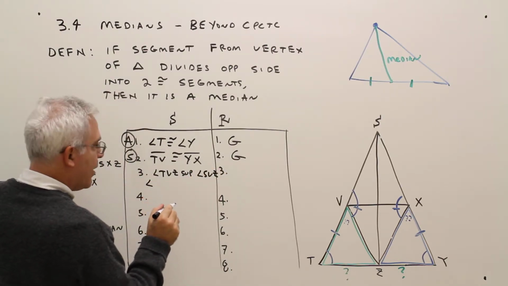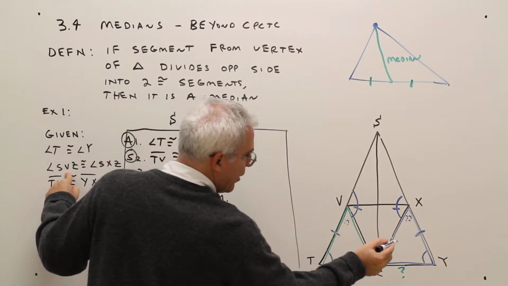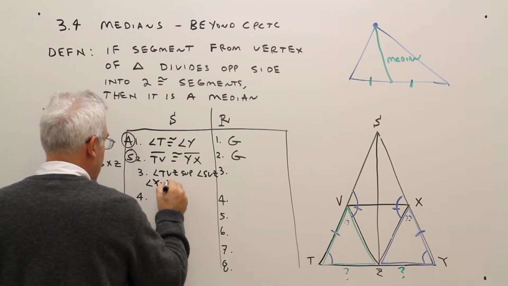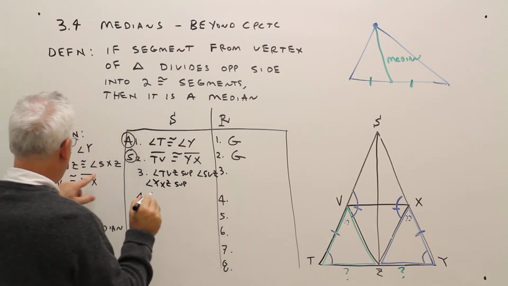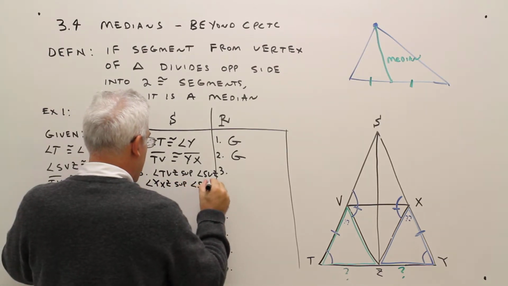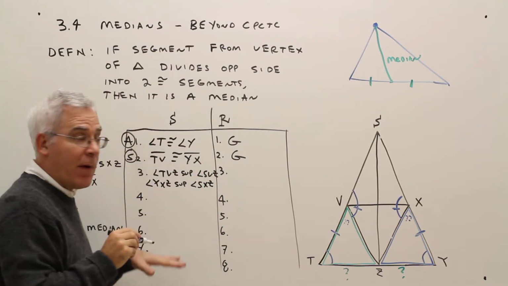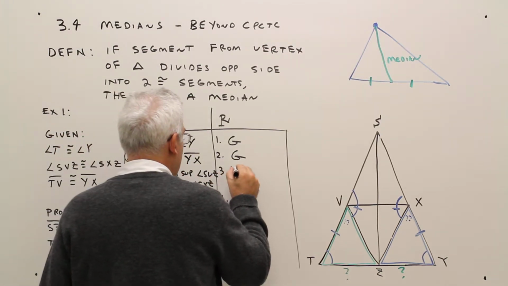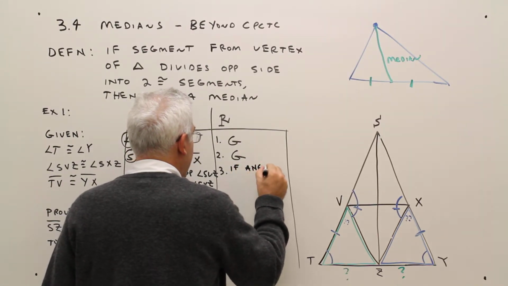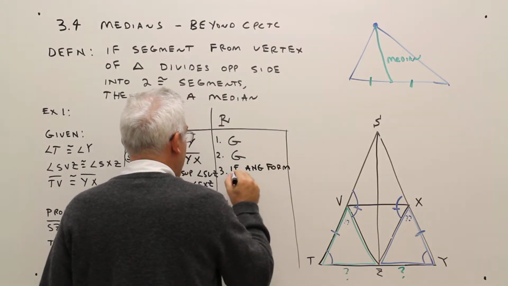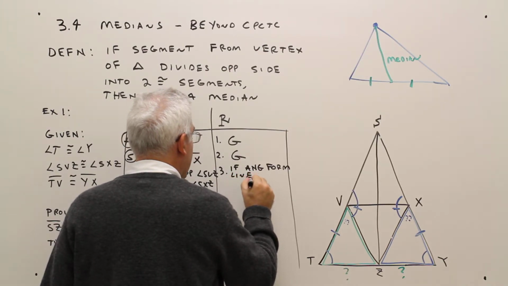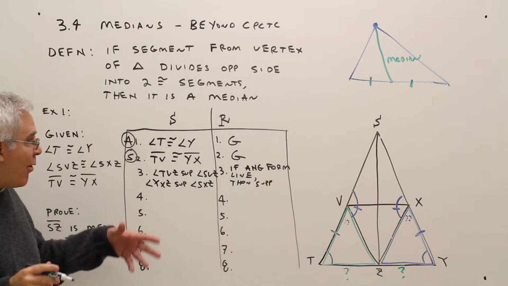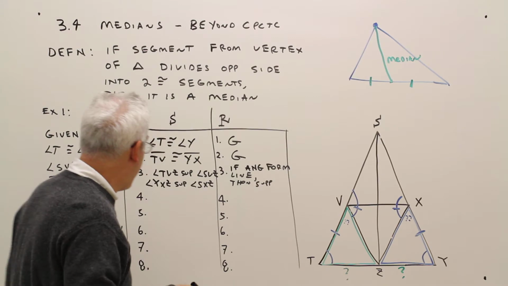And angle, I'll go over here, I'll call it YXZ, is sup to angle SXZ. And again, my reasoning will be, if the angles form a straight line, they're supplementary. If angles form a line, then sup.